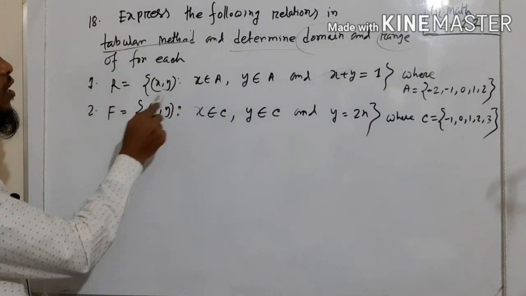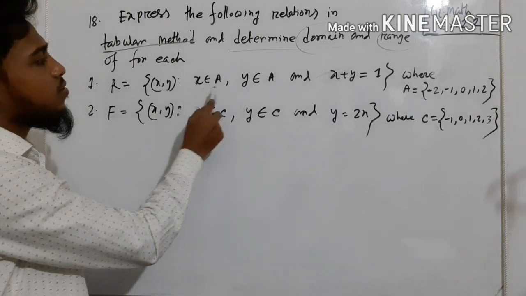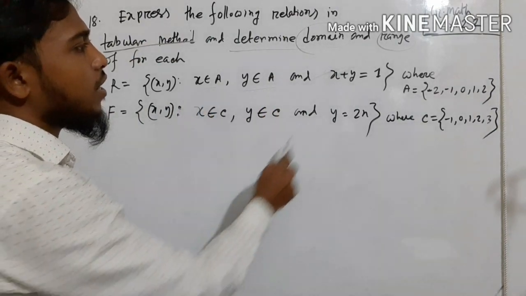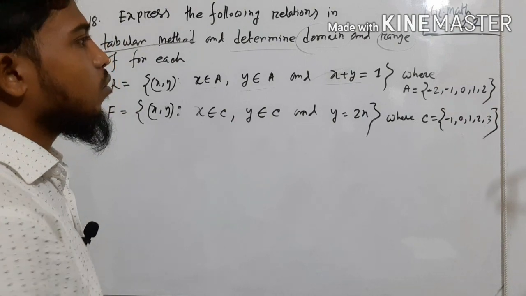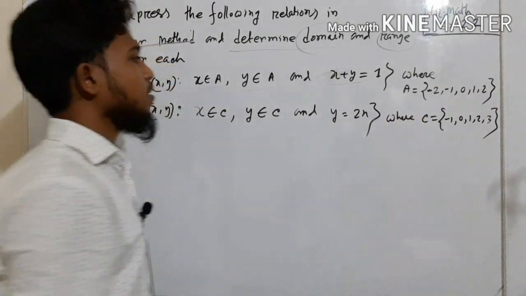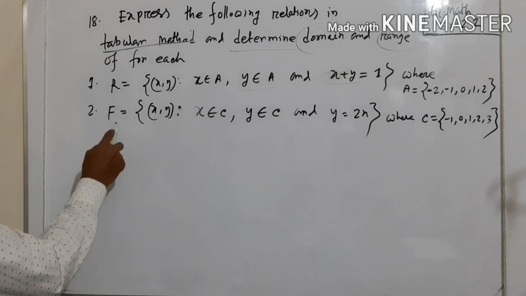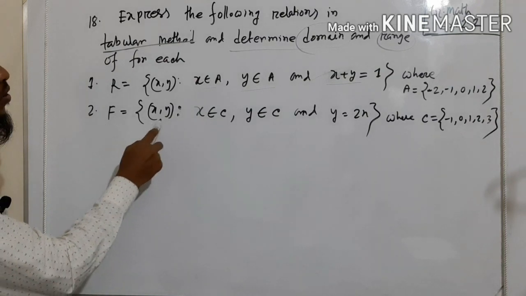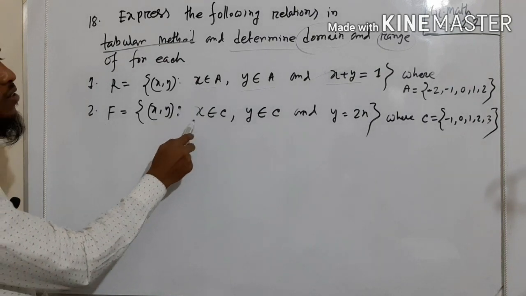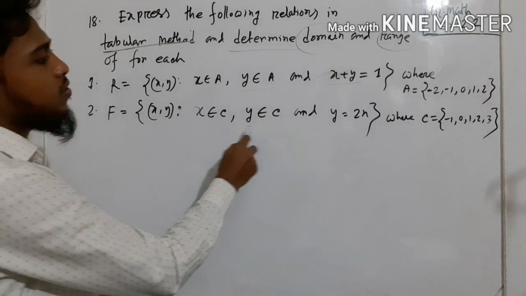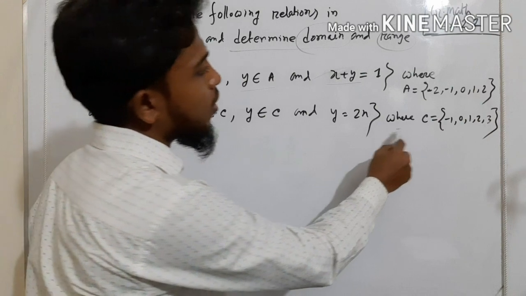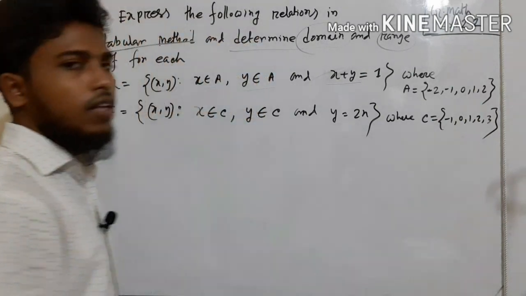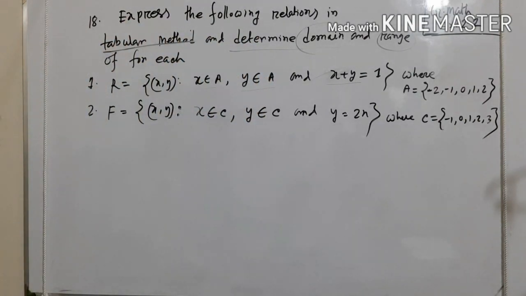Number 1, R equal to x, y such that x is in A, y is in A, and given condition x plus y equal to 1, where A equal to this. And number 2, relation f equal to x comma y such that x is in C and y is in C, and given condition y equal to 2x, where C equal to this. Now I will solve problem 1.